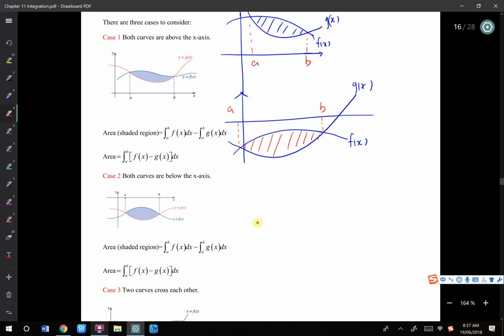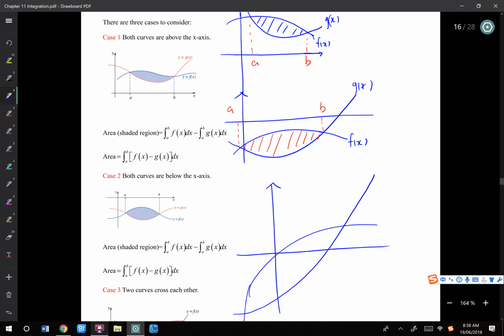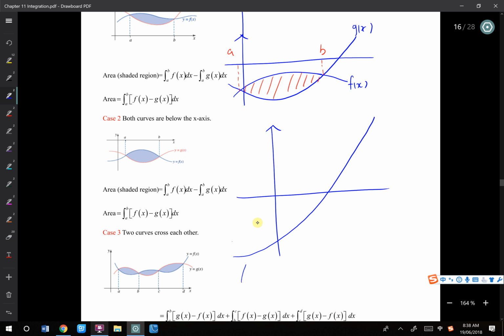And I can go for a third one. And that's the third one. We can still have A and B. That's the f(x), that's the g(x).